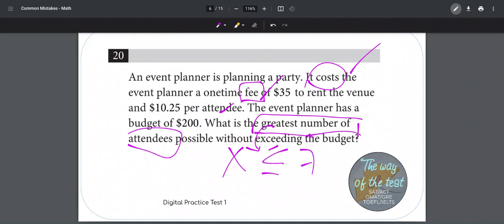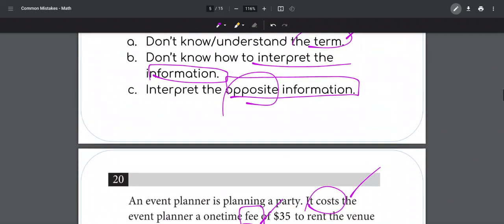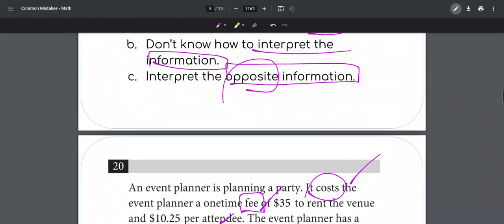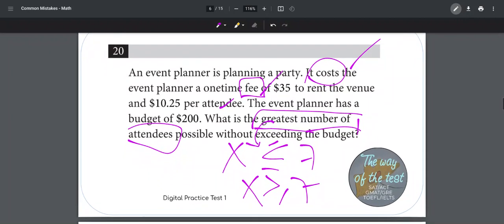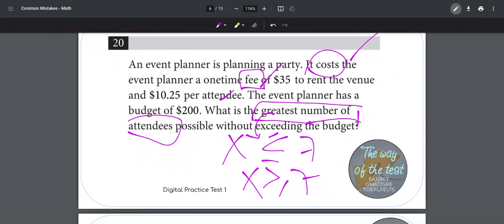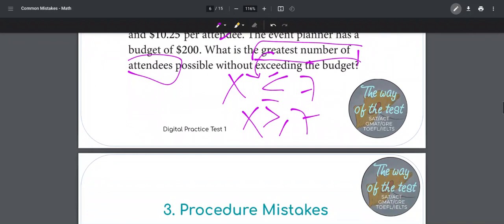So the greatest value for x will be 7, and let's say you just interpreted the opposite way and you ended up doing this, all right? So that will be interpreting the opposite information. Okay, again, I'm not solving them. You can solve it and you can look at the answers at the end of the video. You can pause right now and solve this question and see if you get it right.